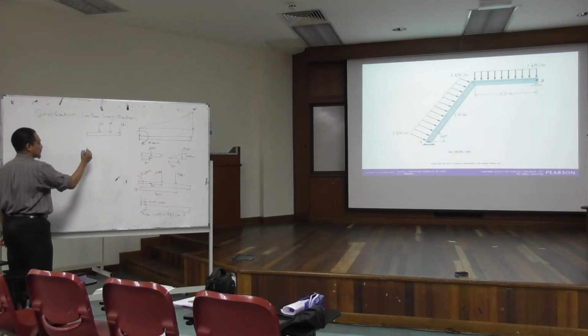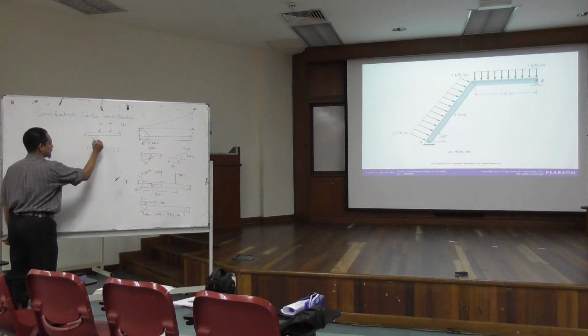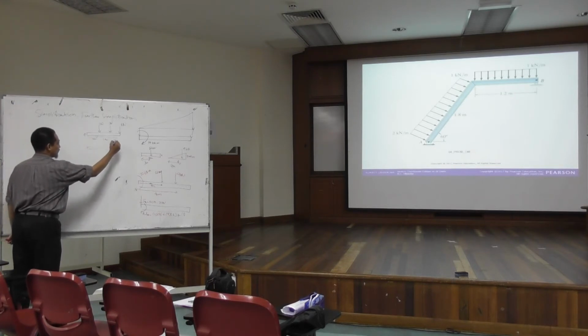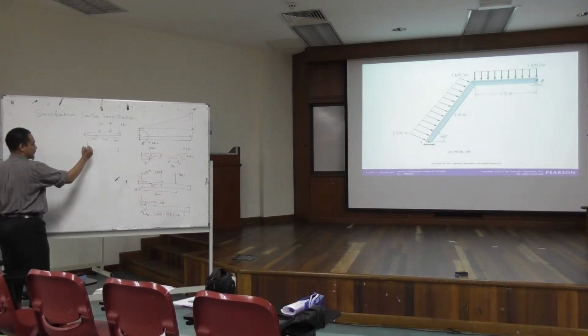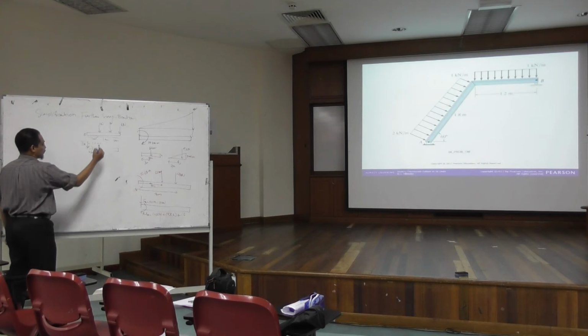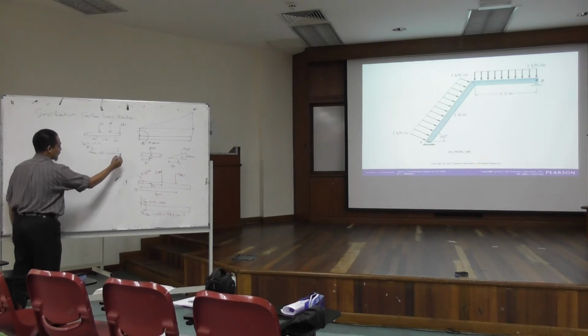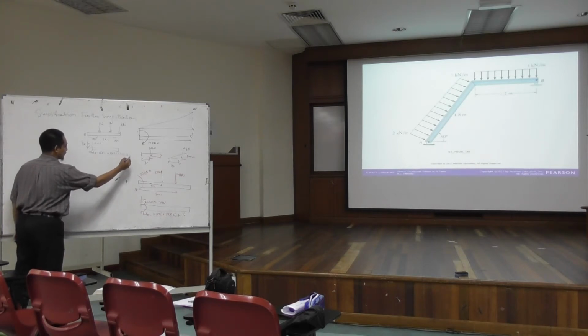And then this is point O, and then 1 meter here, 1 meter here, 1 meter here, right? You get the idea. So if you put it like this, FR and MR, you know what happened, right? FR is just 1 plus 1 plus 1, the total. This one is just 1 times 1, okay? 1 times 1 plus 1 times 2 plus 1 times 3, right?